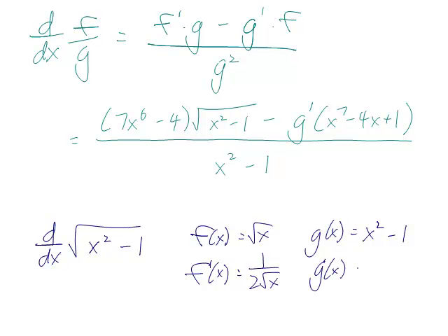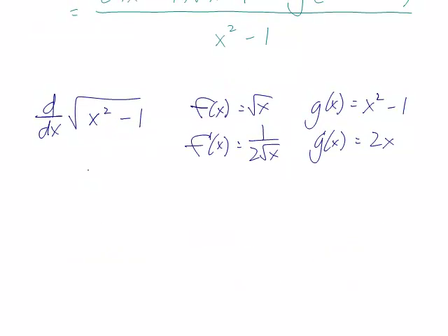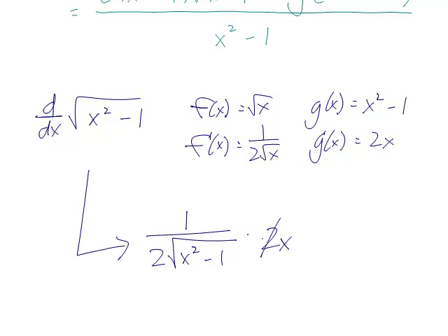G prime is 2x. And so this derivative by the chain rule is f prime of g, 1 over 2 root, that's f prime with g in place of x, times g prime. And we can cancel out the 2's to get x over the square root of x^2 minus 1.